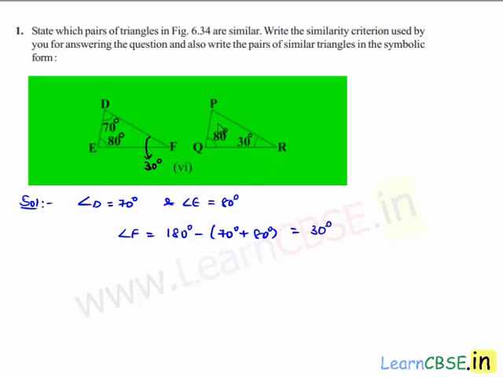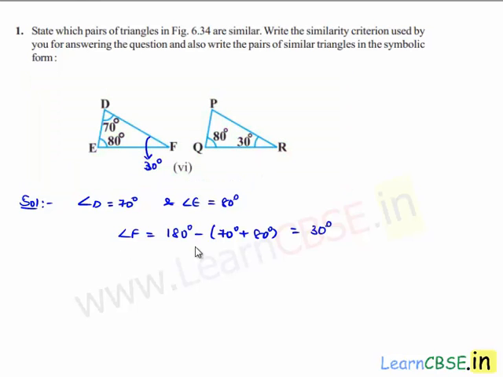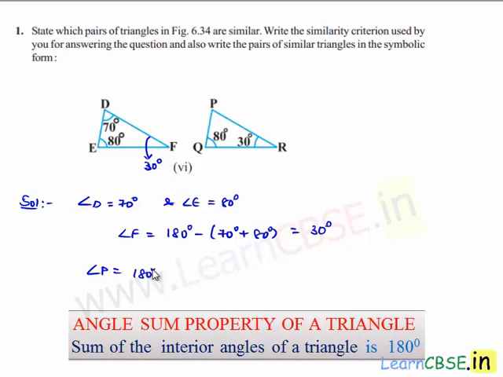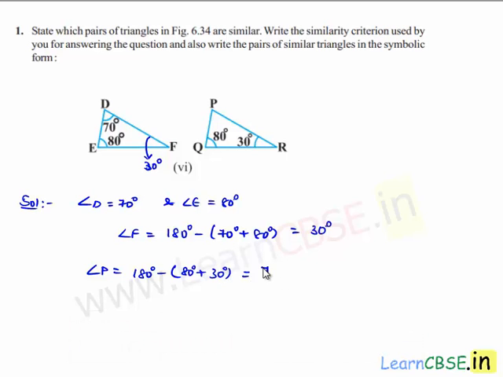And in triangle PQR, we know that sum of angles is equal to 180 degrees. He has given the angles Q and R. So let us find angle P is equal to 180 degrees minus sum of two angles, that is 80 degrees plus 30 degrees, which is nothing but 70 degrees. So here we got angle P as 70 degrees.